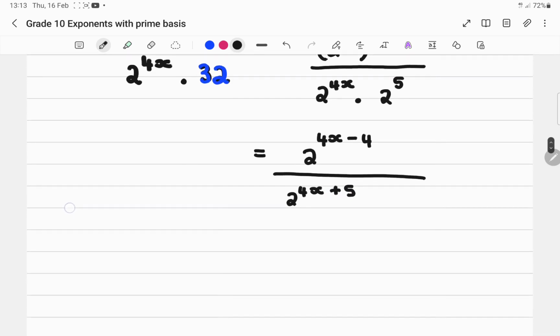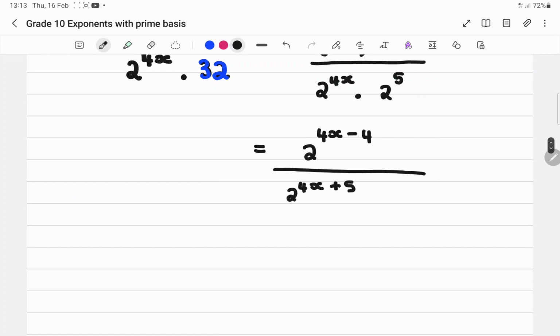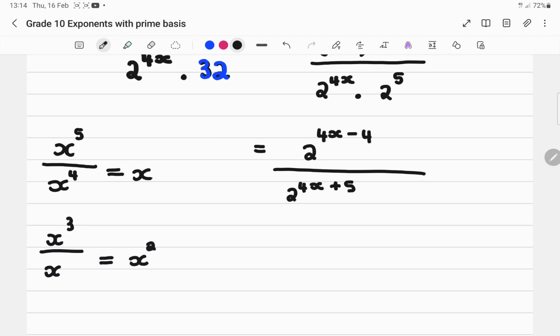All right, so now in class, the students sometimes just get confused with how do I just drop it. So if I had x to the power 5 divided by x to the power 4, what did that become? It became x to the power of 1. Same as if you had x to the power 3 divided by x. What was your answer? x to the power 2.